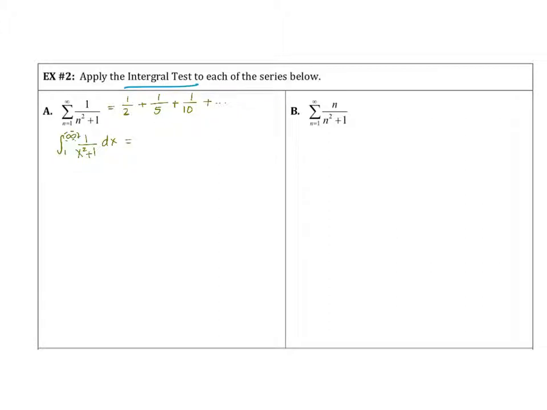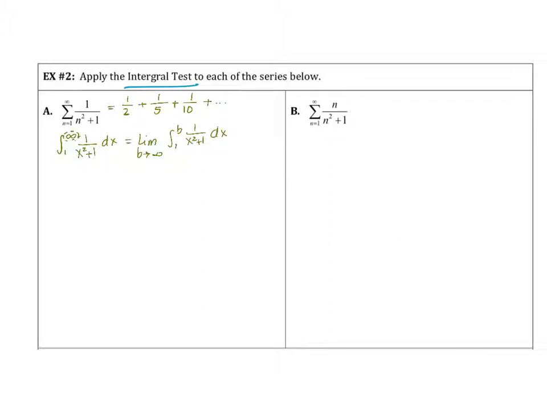So we're going to do something similar to a u substitution here. I'm going to talk about this being the limit, and we're going to pick a nice variable. I'm going to pick b approaches infinity, and I'm going to replace that infinity up there with b: the integral from 1 to b of 1 over x squared plus 1 dx.